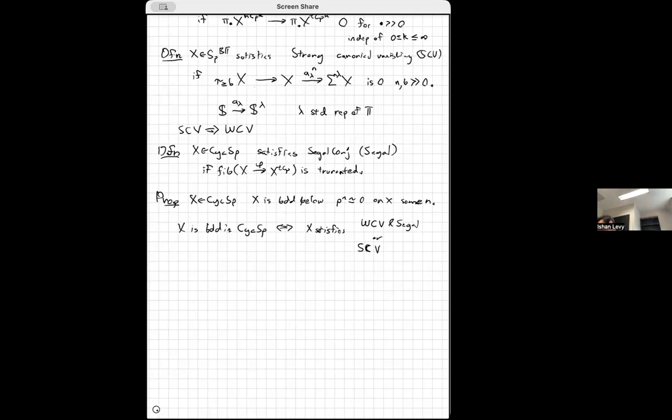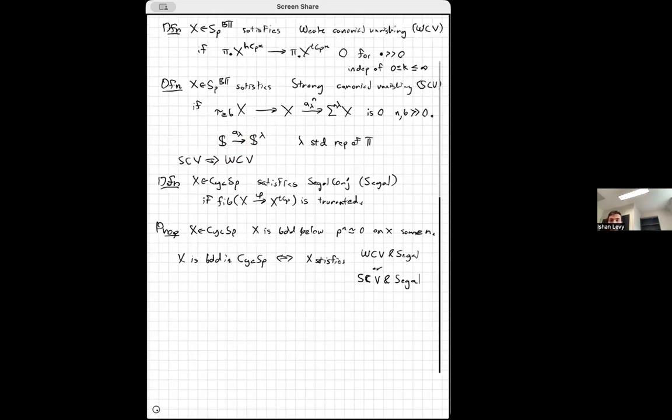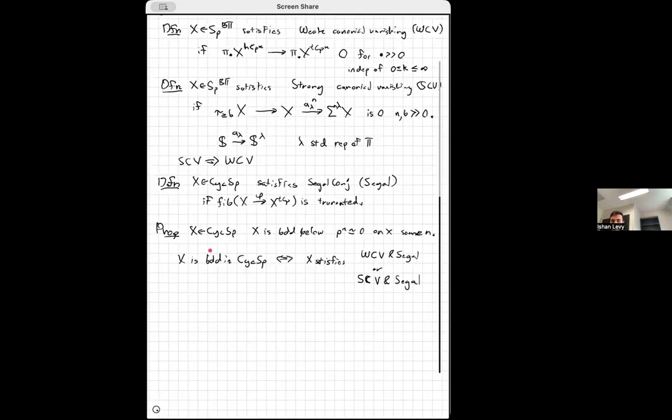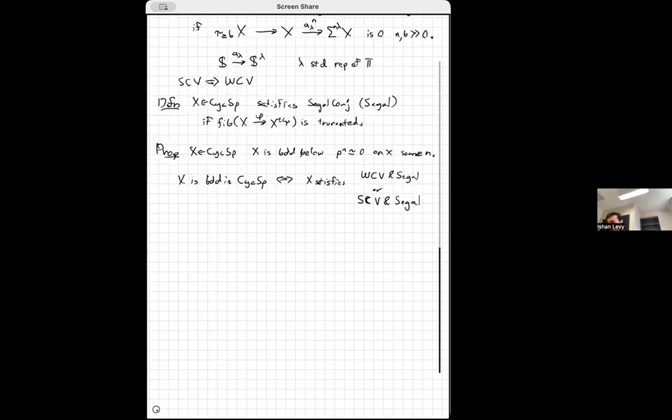Either one is fine. So in other words, these two properties, canonical vanishing and the Segal conjecture, are enough to prove boundedness in the category of cyclotomic spectra. Okay, so we don't really need both directions of this equivalence, but maybe it's good to know.